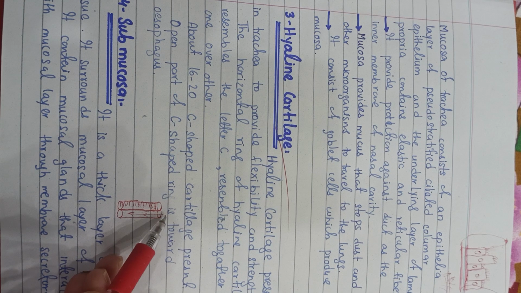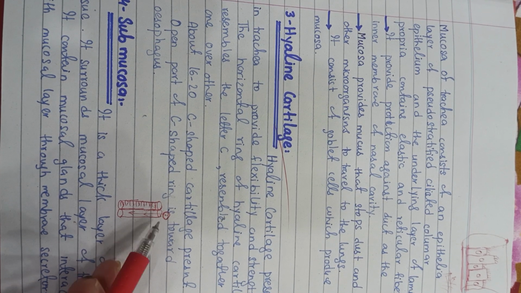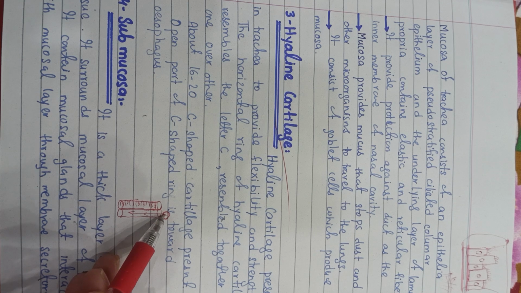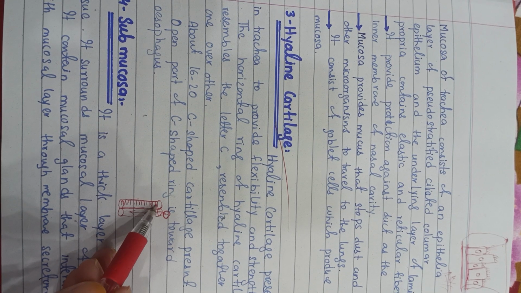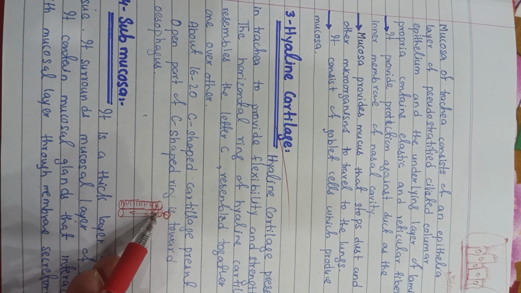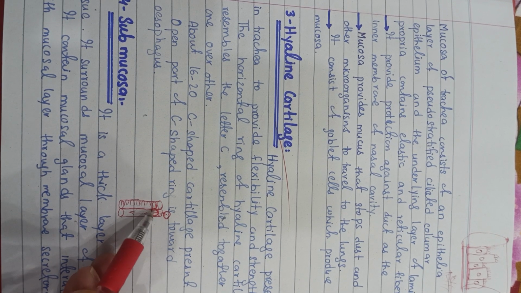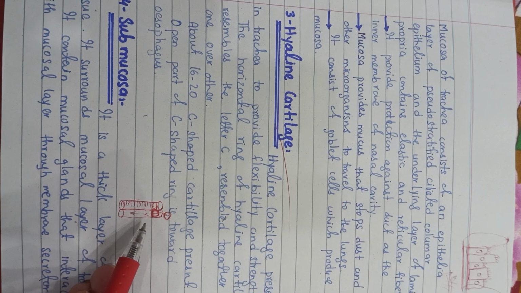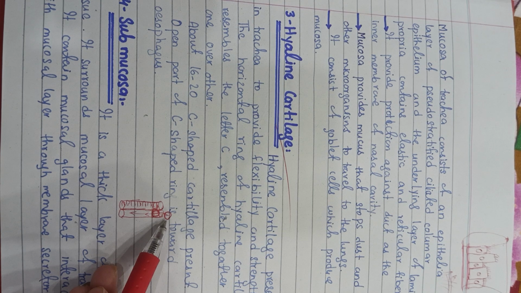Actually, the reason is this: if we eat a big piece of food, and this big food moves down, and the ring is completely closed, then what will happen? This food will block your esophagus, and it can also cause breakage of this cartilage, which can cause serious injury.